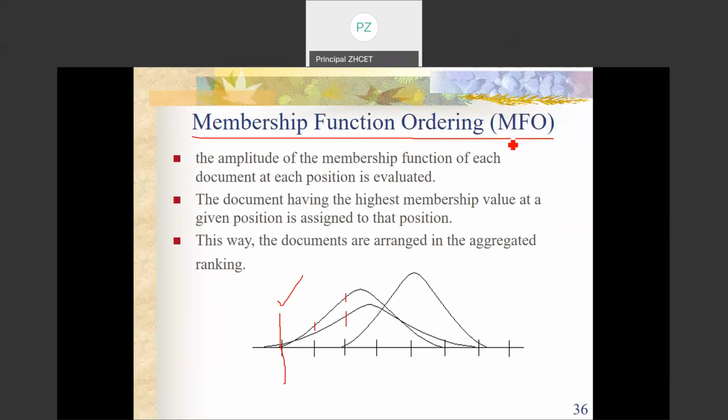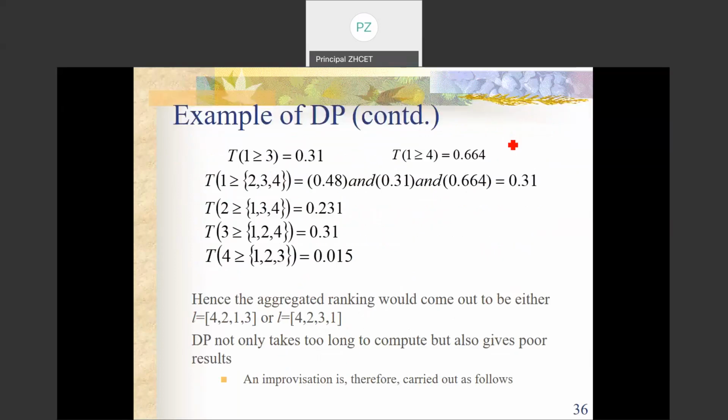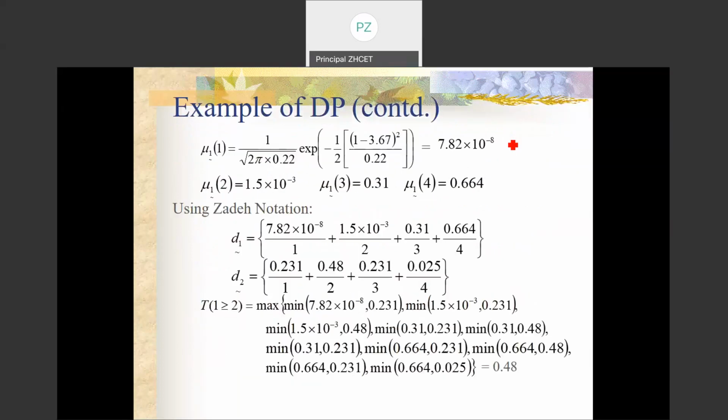So we find out the mean position of documents across the lists. We find out the variance of the position of documents across all the given lists for all the documents. And then we find out the membership value of all the documents across all positions. You remember, in the Dubois and Prade method, we have done this already.